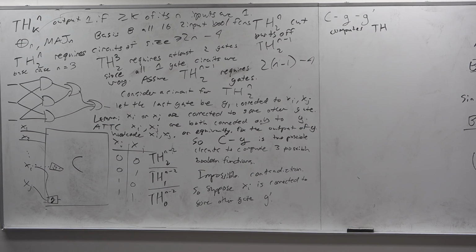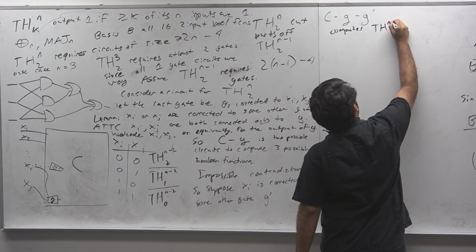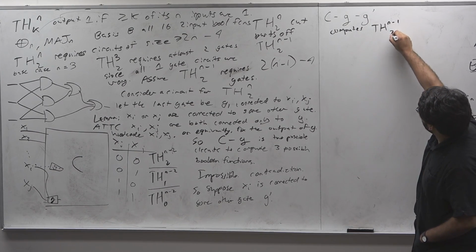Well, we're removing the wires, we've removed the gates that xi is wired up to. So in some sense we've really removed xi. So we had previously n inputs, and now we have n minus 1 inputs, right? But again, we don't know anything about xi here. So we still need threshold of 2. So this is still 2.